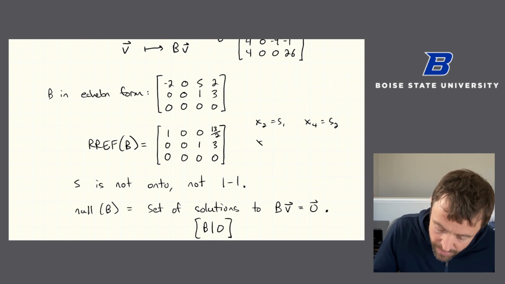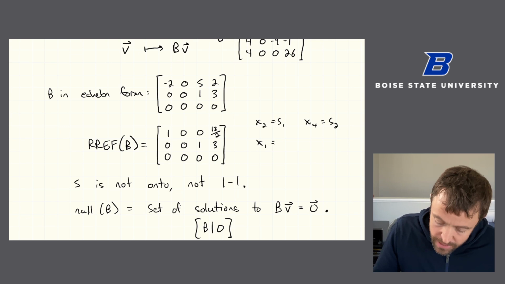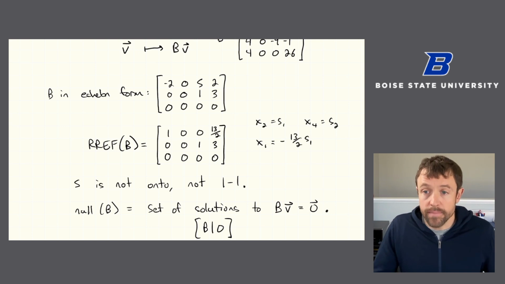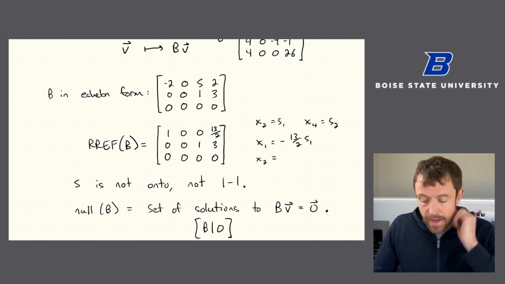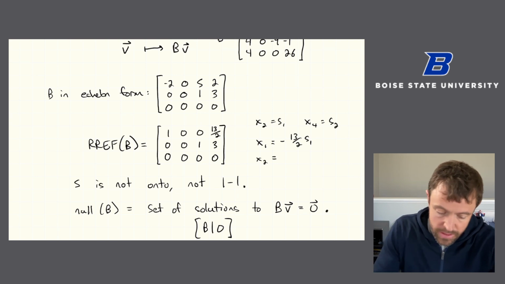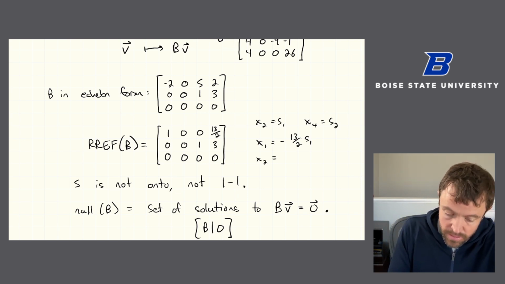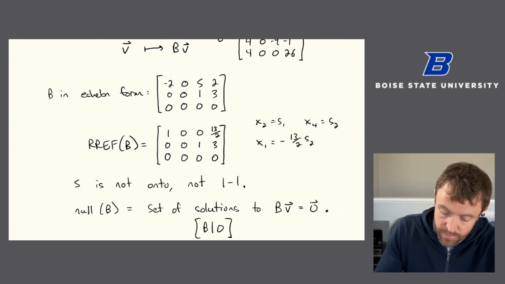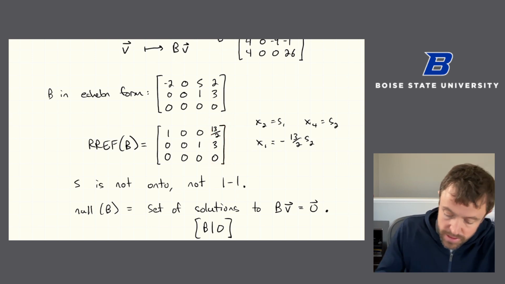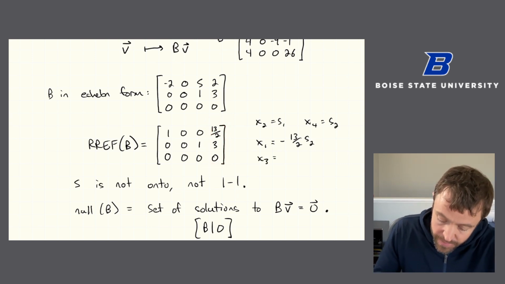We end up getting that x1 is -13/2 times s1. And we end up getting that x2, not x2, we already know what x2 is. Sorry, I said s1. s2, right? Because this is the column corresponding to x4, which is s2. And then x3 is -3 s2.